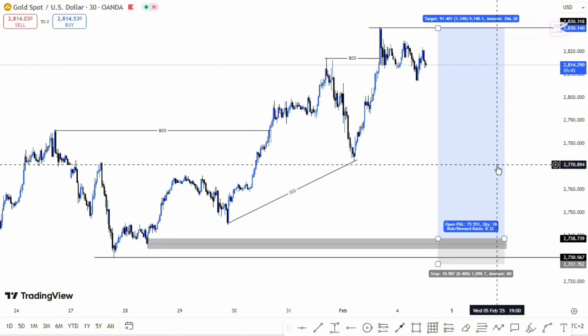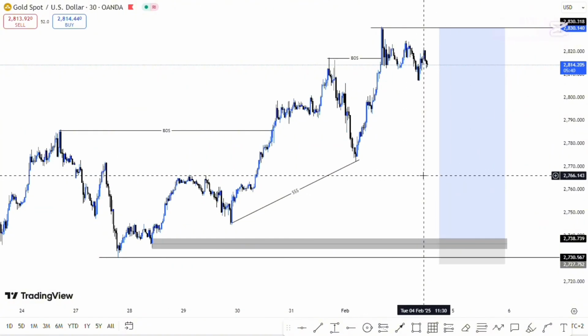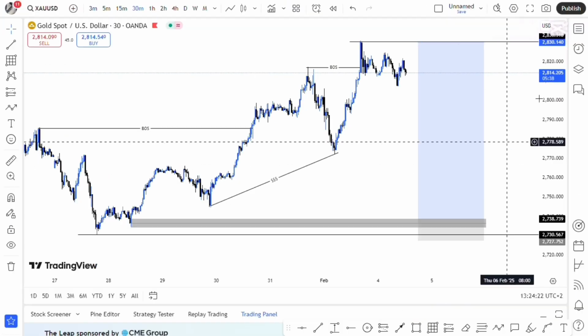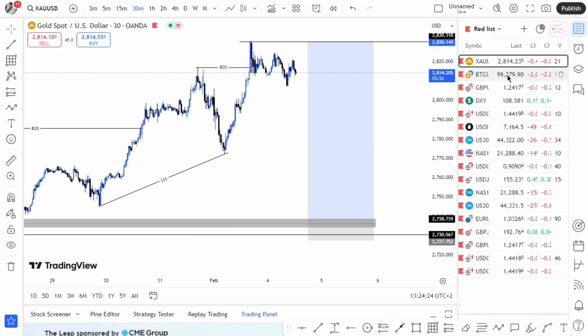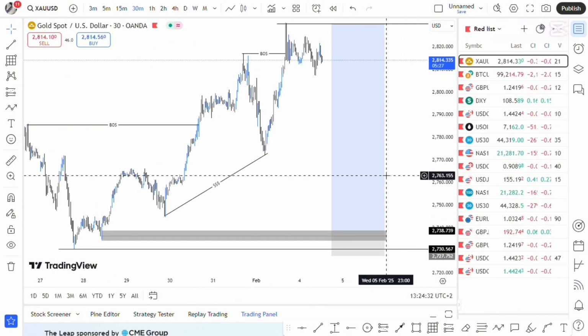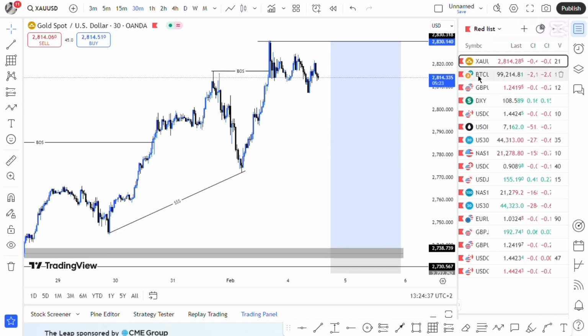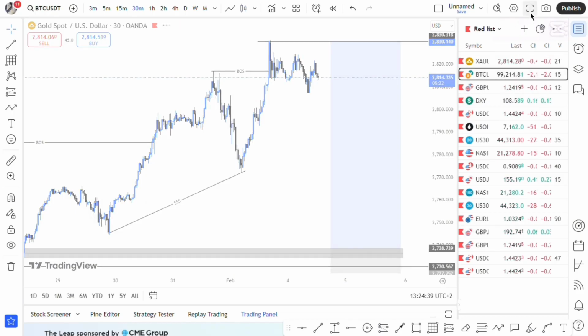And this buy is more like 80%. It has an 80% chance to go in my direction, so this is where I'll be risking my initial planned risk. Now let's look at BTC.